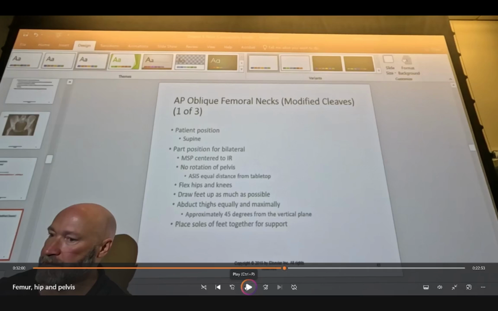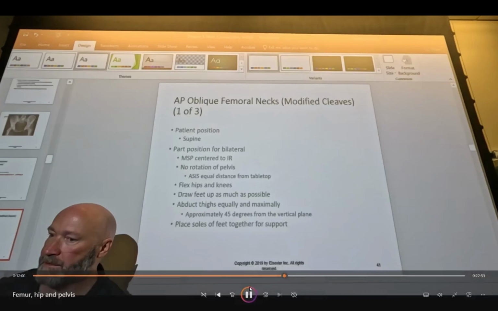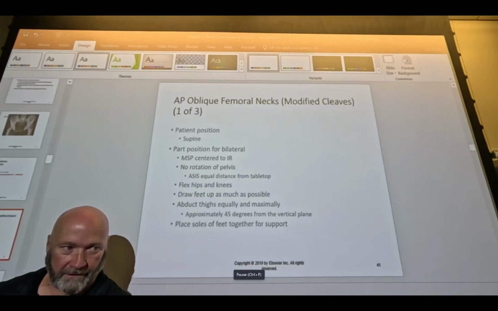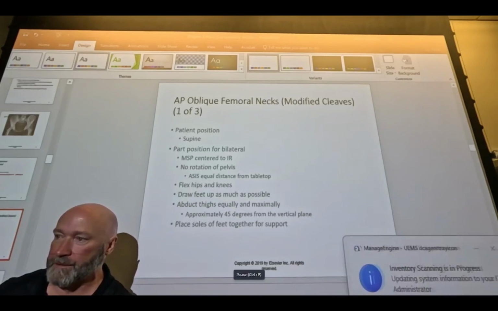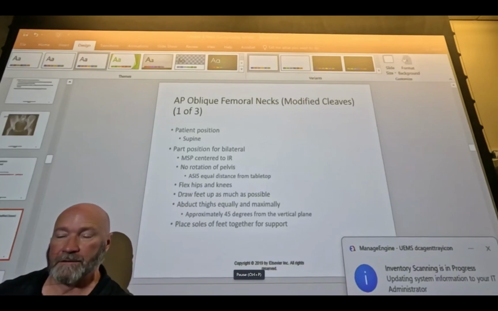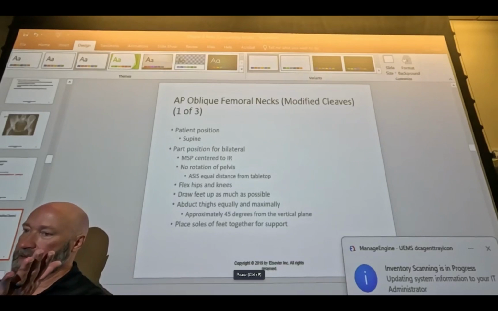So the only difference between the AP of the hip and the AP of the proximal femur is central ray location and collimation, and that's pretty much it. So what if your patient does have a broken hip? Well, then what you're going to have to do is what we refer to as the Danelius-Miller method.